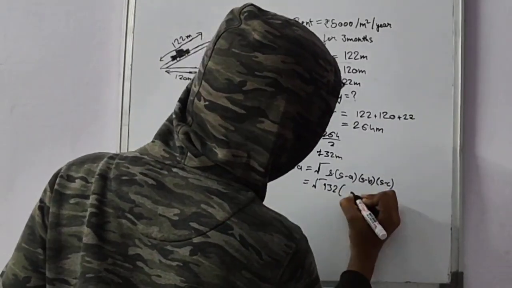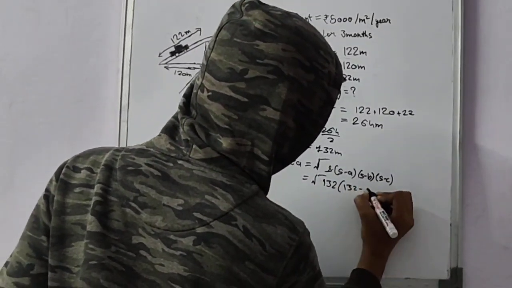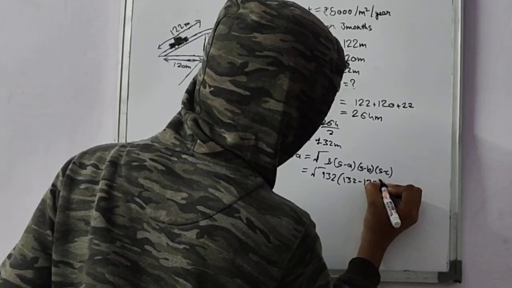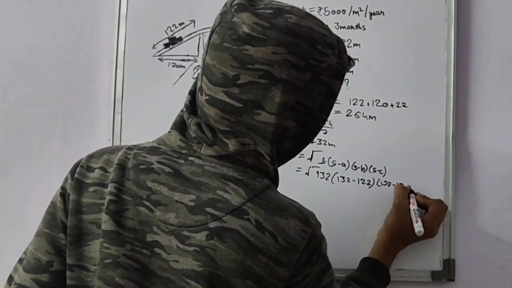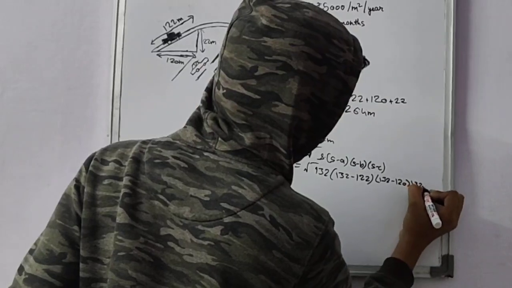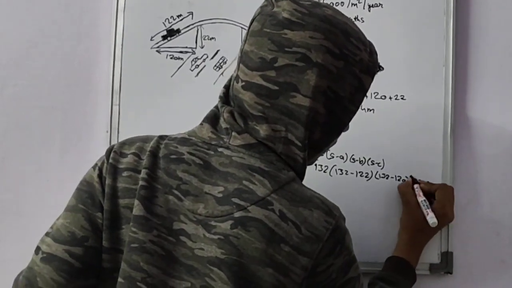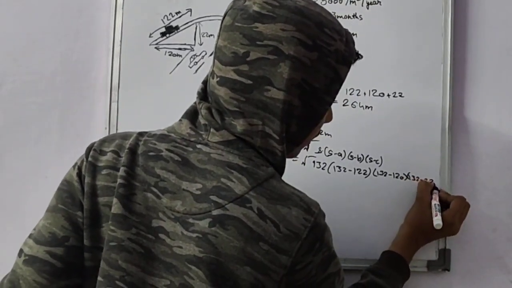Equal to under root 132 into 132 minus 122, 132 minus 120, 132 minus 22.